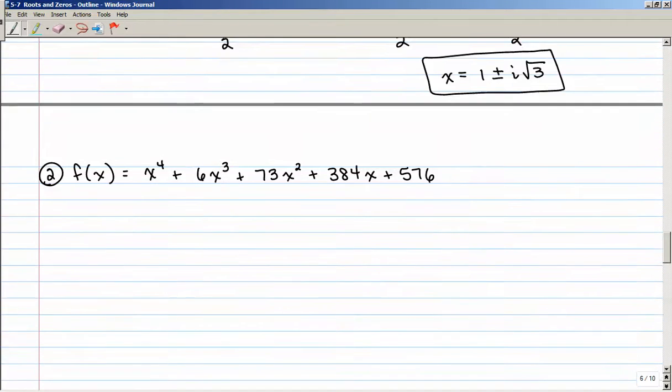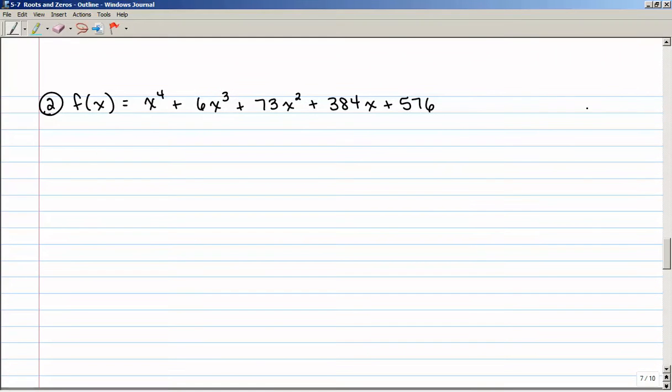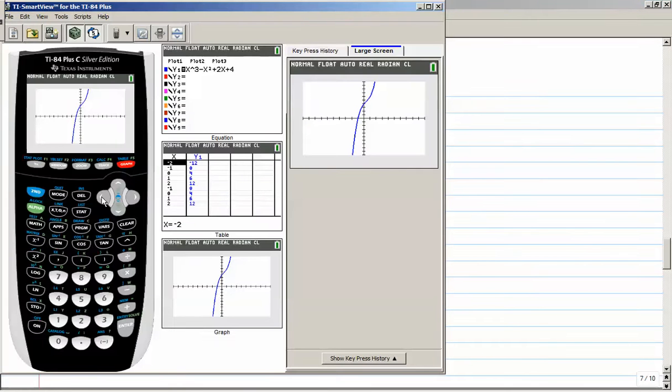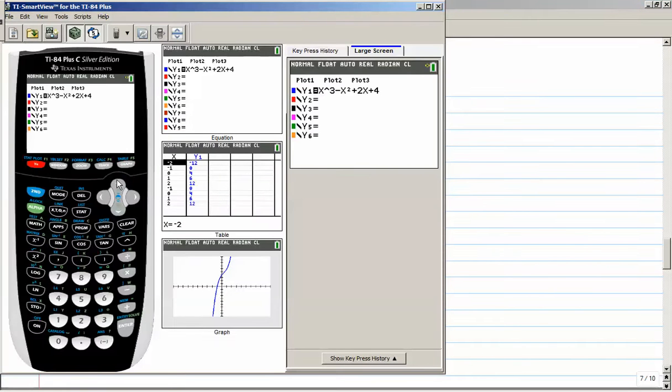Let's try another one here. So here I have f of x equals x to the fourth plus 6x cubed plus 73x squared plus 384x plus 576. Oh my gosh. Let's graph this on the calculator to find one real solution. So let's clear that out.